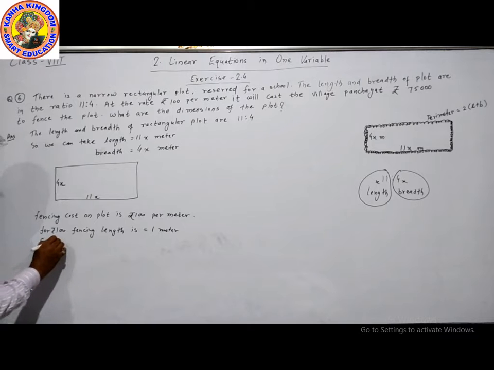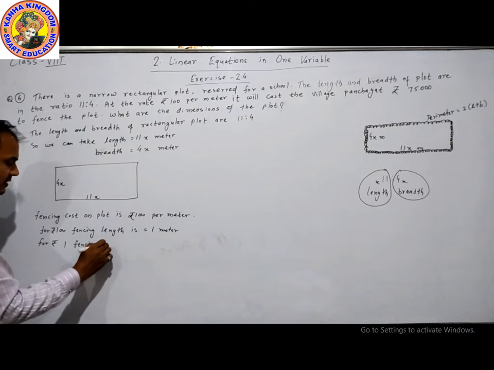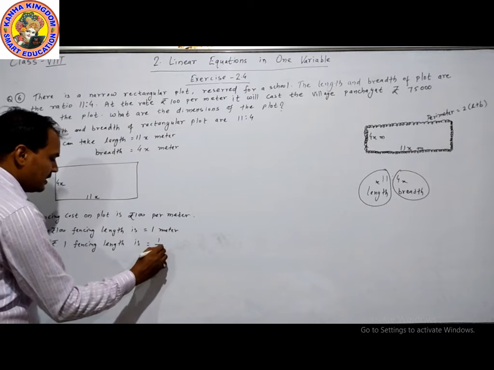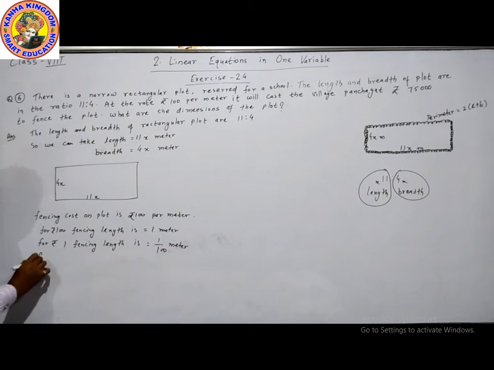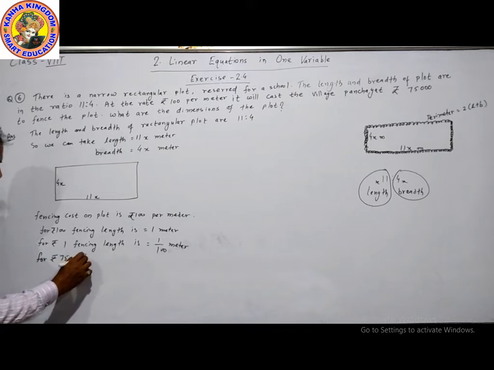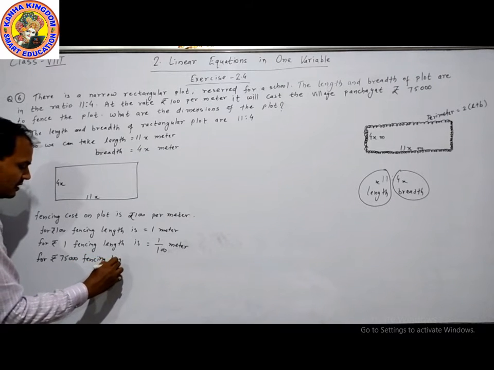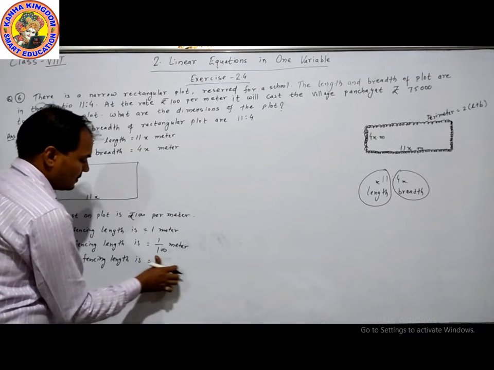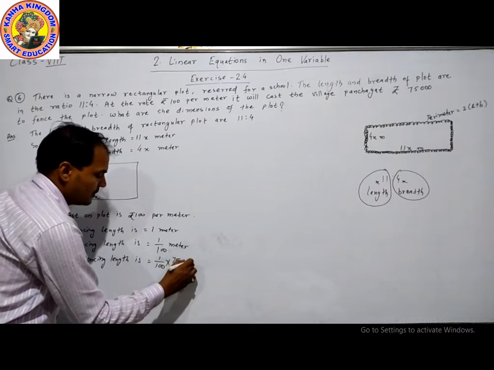For rupees 1, fencing length is 1 by 100 meter. For rupees 75,000, fencing length is 1 by 100 into 75,000.